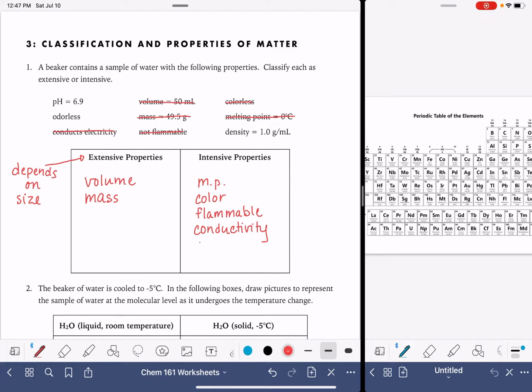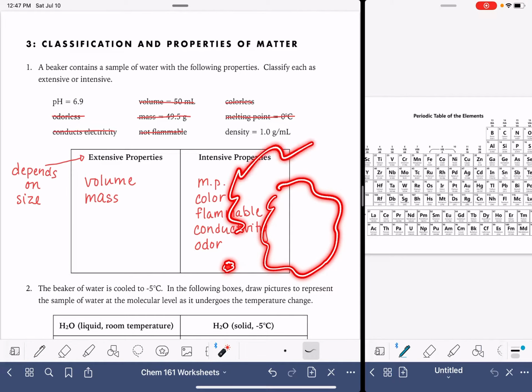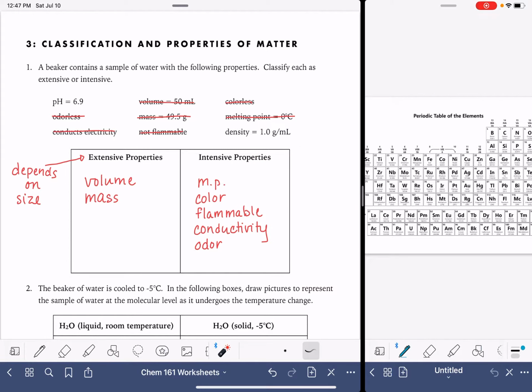The smell, the odor, this is another one where if you have a small sample size versus a large sample size, the odor is going to be more intense if you have a large sample size. But whether or not an object has an odor does not depend on the size of the sample.